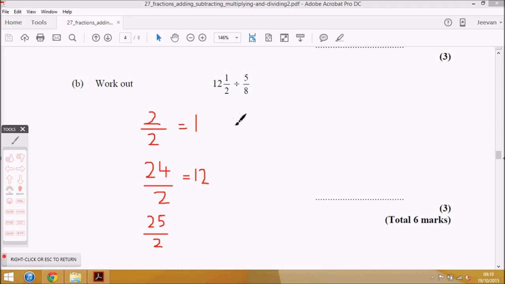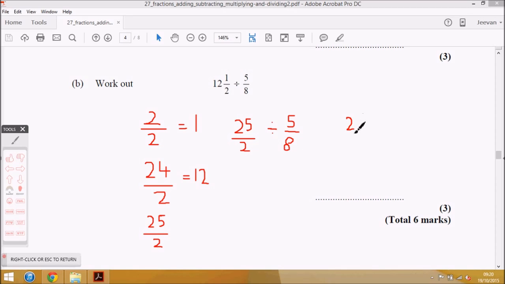Okay, so I can rewrite this fraction as 25/2. The second fraction stays as it is. So we have 25/2 divided by 5/8. Okay, so when you're dividing two fractions, it's very similar to multiplying two fractions. What you do is you flip the second fraction and then it turns into a multiplication.